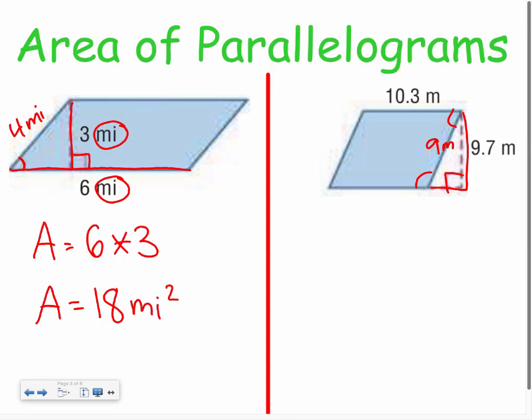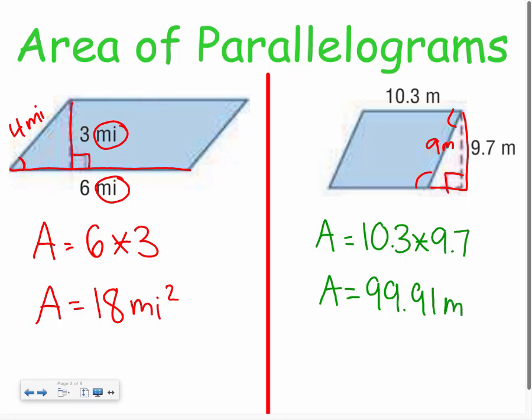So to find the area of this parallelogram, we take the area is equal to 10.3 times 9.7, which gives us an area of 99.91 meters squared. If you are doing your homework and you have to round, make sure you are rounding to the nearest hundredth, so the 2 decimal places.